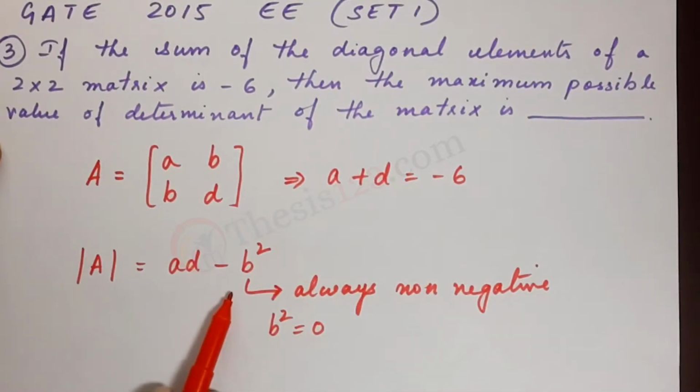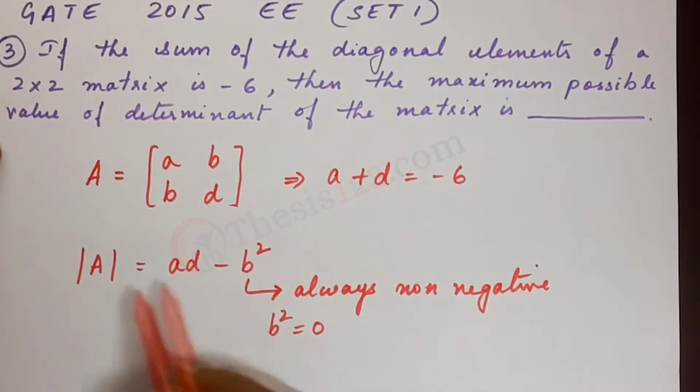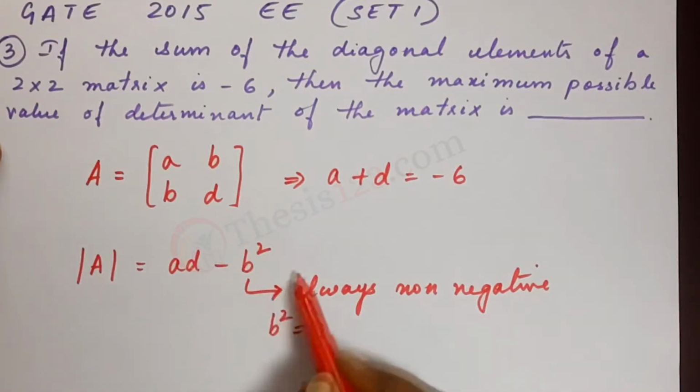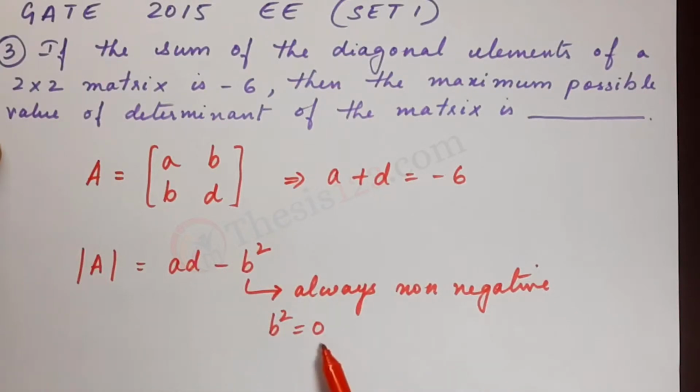Because if B square was some number, the determinant would become less by a certain amount, which is B square. So in order for this to be maximum, B square shouldn't be there at all. So that has to be 0. Now we have that det A is equal to AD, since AD minus 0 is just AD.